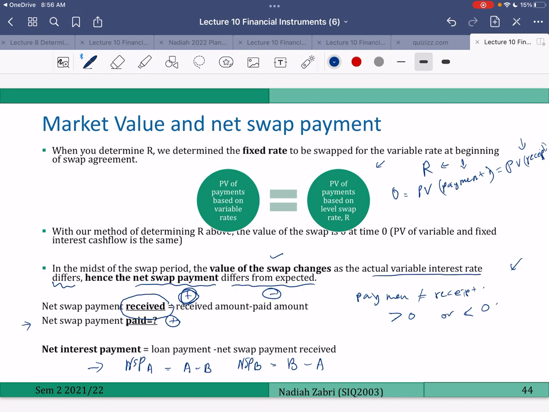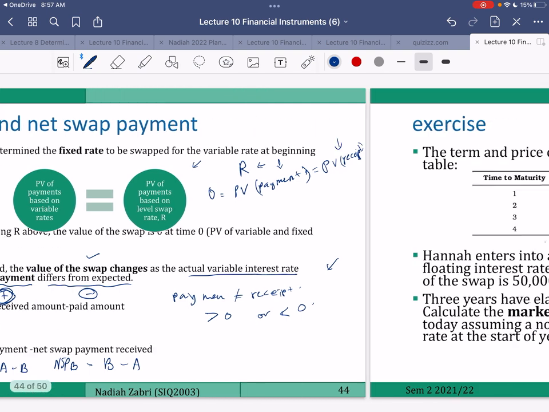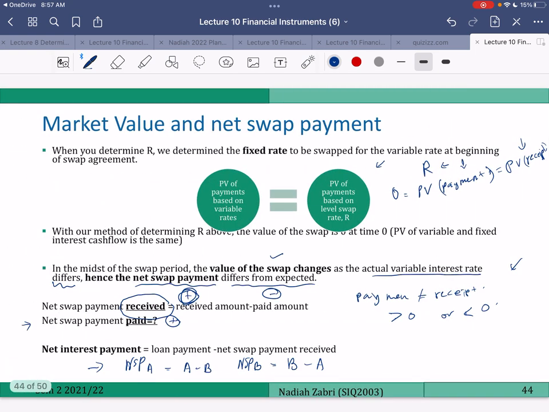Okay. So when you are valuing the value of a swap contract, usually when you value something, you want to value the amount that you will receive.